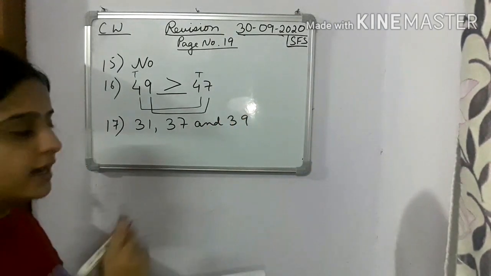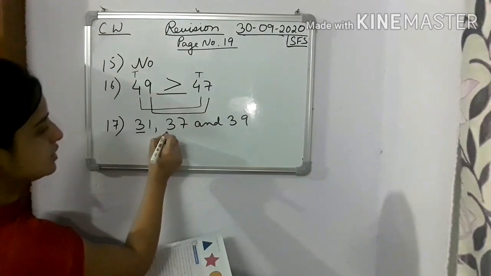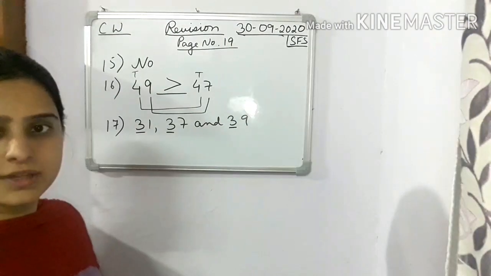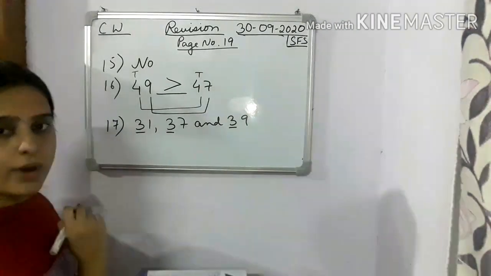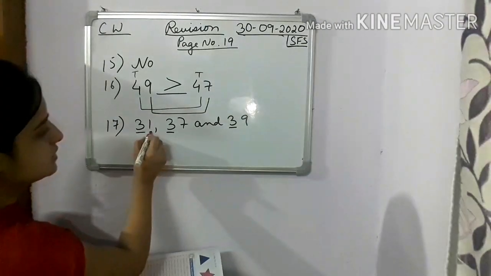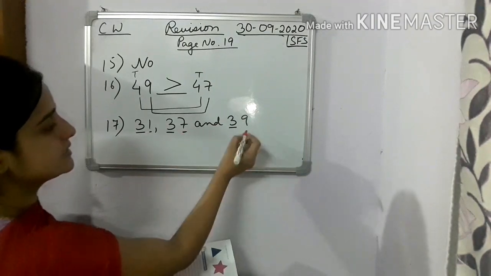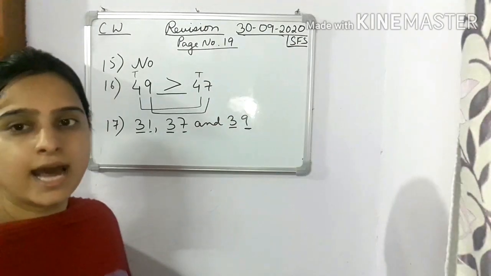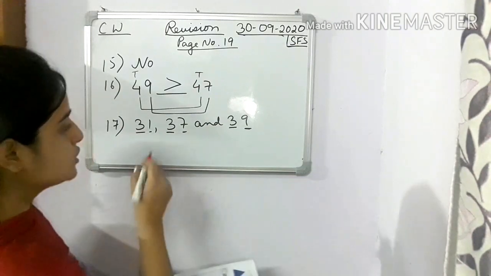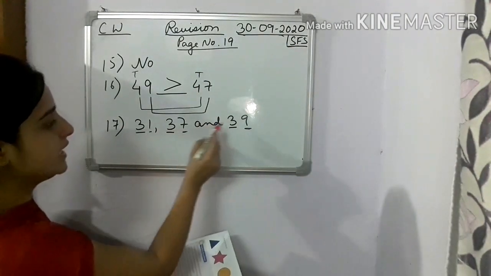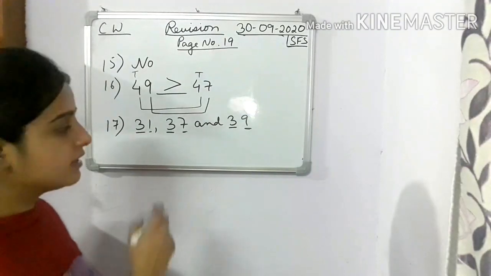We always compare the digit in tens place first. So all are 3, right? So now we'll compare the digit in ones place. This is 1. This is 7. This is 9. In ascending order, we'll write the smallest number first. So between 1, 7 and 9, which one is the smaller one?